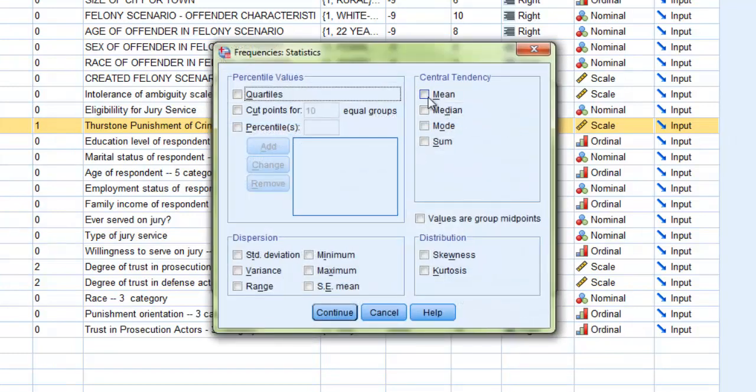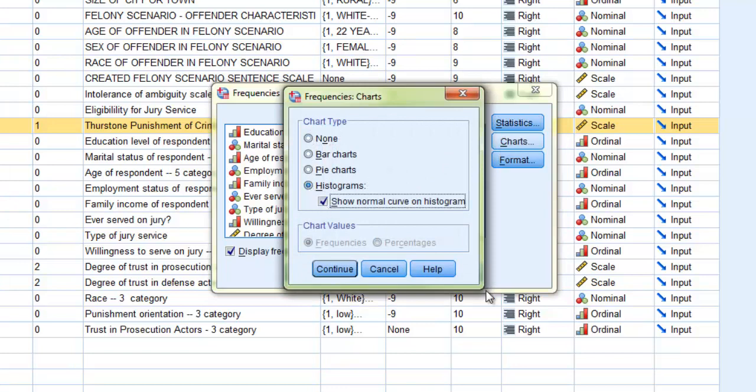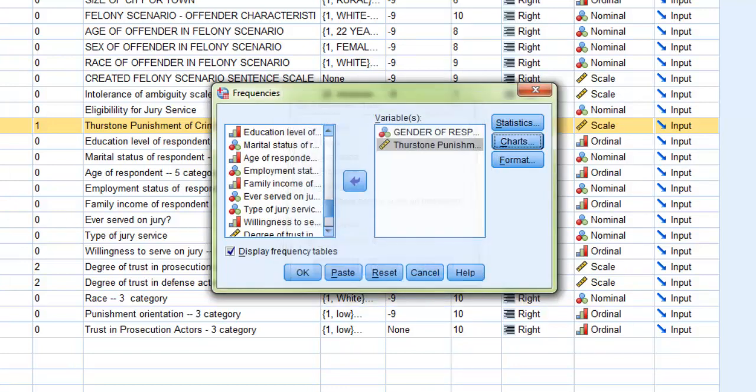For this I want mean, median, and mode, mainly for the Thurstone scale, not necessarily for gender. Skewness and kurtosis, again for the Thurstone scale, because I'm going to treat it like an interval and use it for an independent samples t-test, so it needs to fit the assumptions of the independent samples t-test. And I'm going to look at the standard deviation, continue, charts, histogram with a normal curve overlay, continue. I want the frequency distribution tables displayed. Click OK.